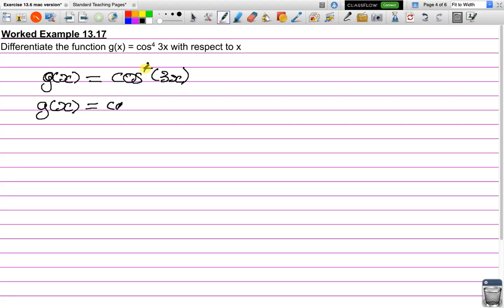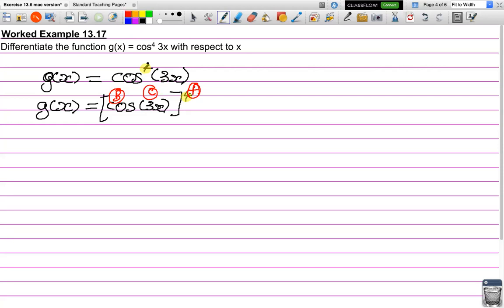The actual real meaning of this is cos of 3x, all to the power of 4. So it's very important, once again, we saw it in the last example, and you're seeing it here, that you learn to write it in the correct way, because then you'll see that the power is now the priority function, the cos is the secondary function, and the 3x is the third one.